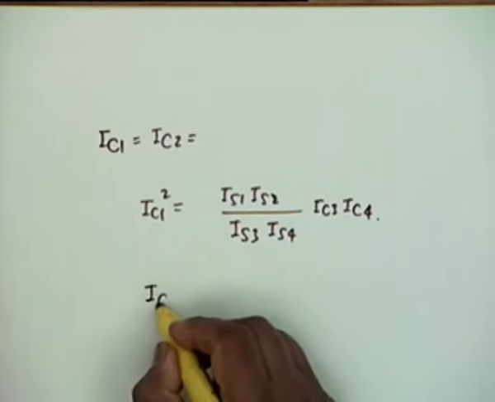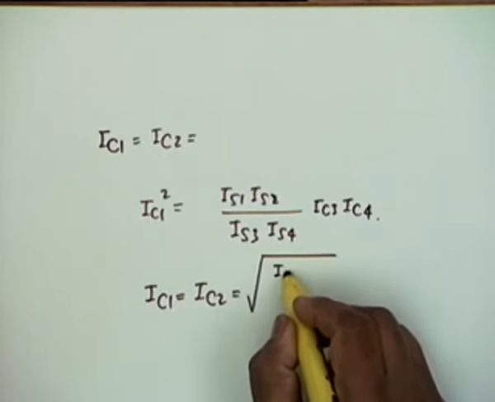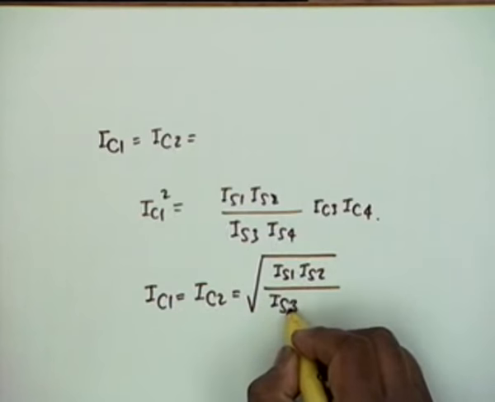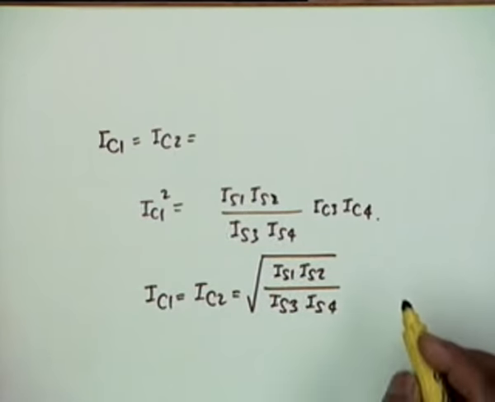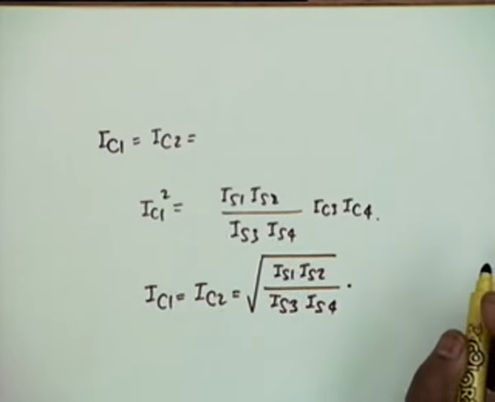Therefore, IC1 equals IC2 equals the square root of IS1 IS2 divided by IS3 IS4, multiplied by the square root of IC3 and IC4.